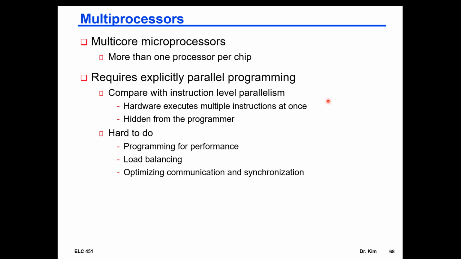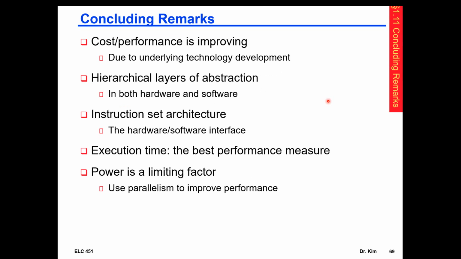Okay. So I'm going to wrap up the chapter. What I want to say is that these are the important things that we have covered as an introduction in this chapter. Moore's Law is still relevant.